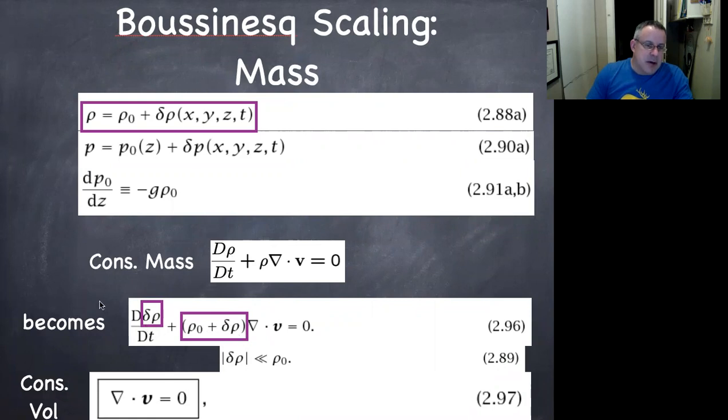So it turns out that most of this equation is equal to rho naught divergence of v equals 0, or just divergence of v equals 0. But once we have this being approximately true, we can now go back to this equation and ask what the small deviations in density away from that are. So this does not imply that the density variations are exactly 0. It just implies that they're small.